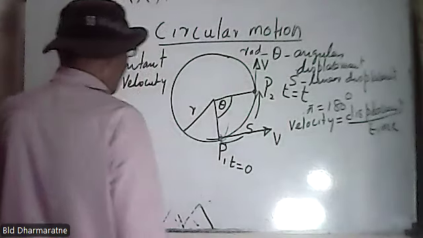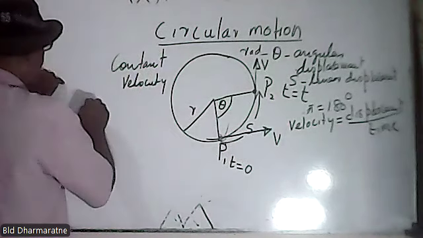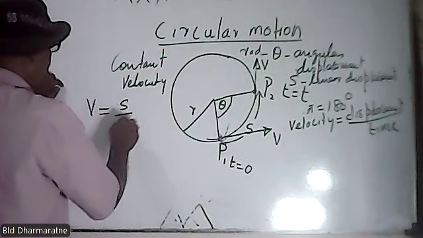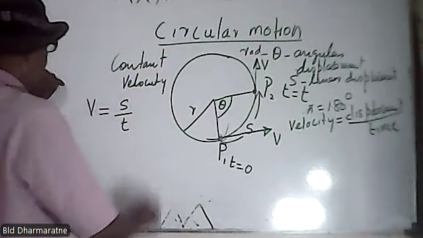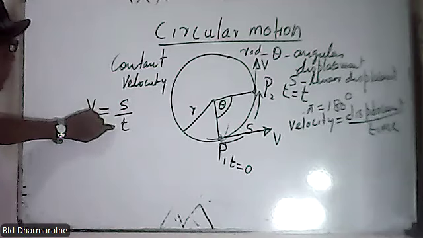Linear velocity we consider here: velocity V equals S over T, the travel distance over time T.